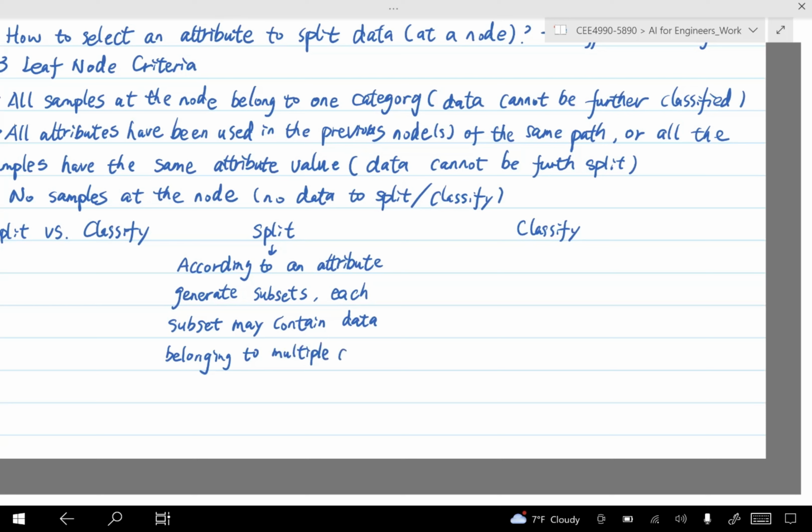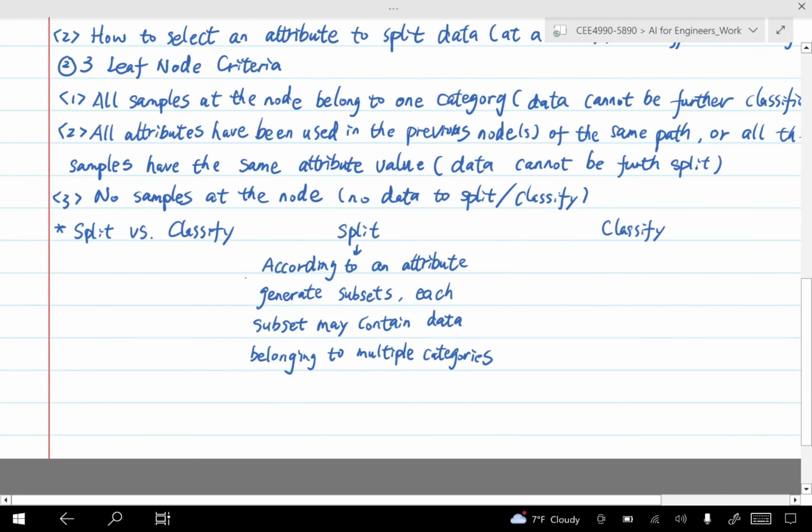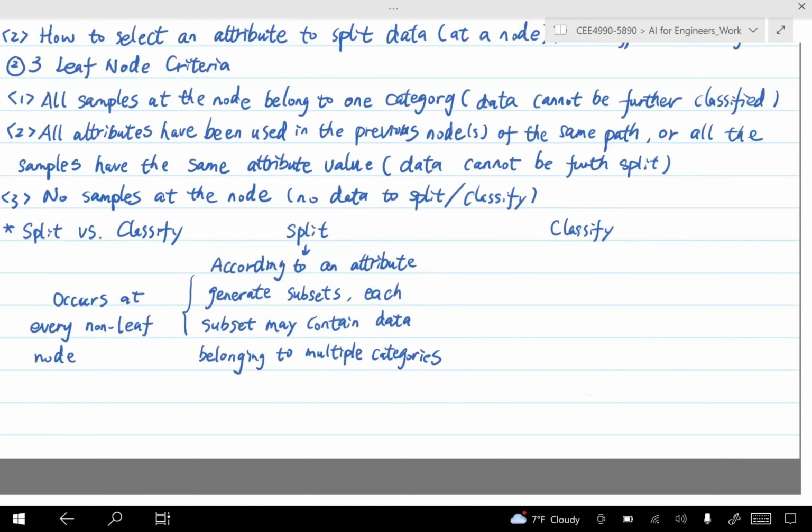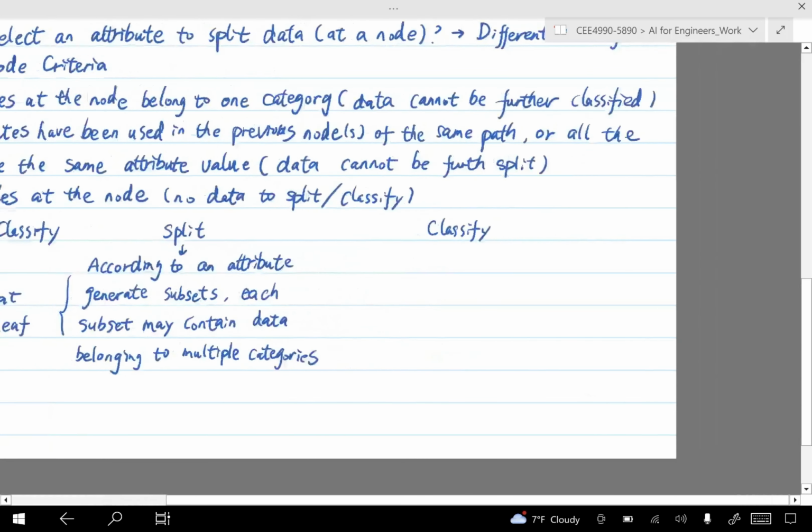That means we split data, but we do not classify it. So if we classify, then we only have one category for one sample. And you can see that this splitting thing occurs at every non-leaf node. We do the splitting at any non-leaf node, including the root node and inner nodes.